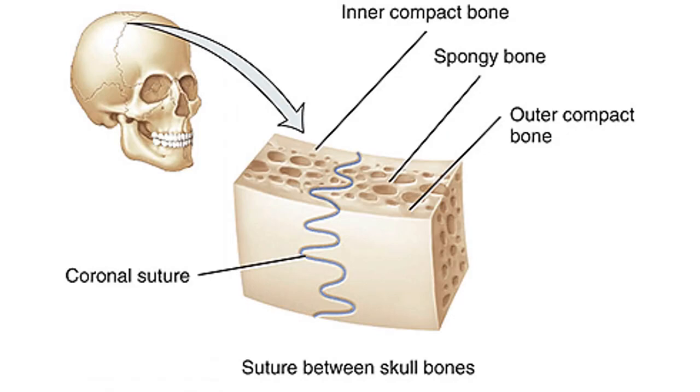What can we see here? Let's analyze the situation. There is a suture line or a suture joint between these two bones, and these bones are flat bones, so you can see there is a dense outer compact bone on the outside, and a dense compact bone on the inside, and in between we have spongy bone.